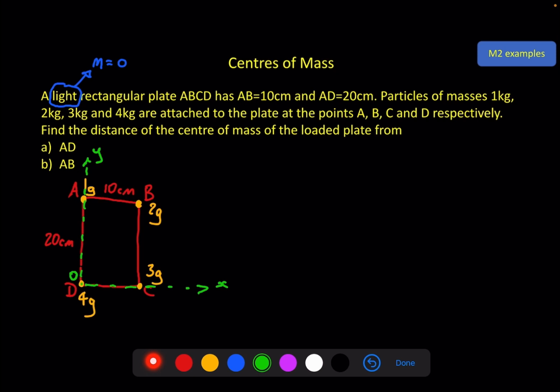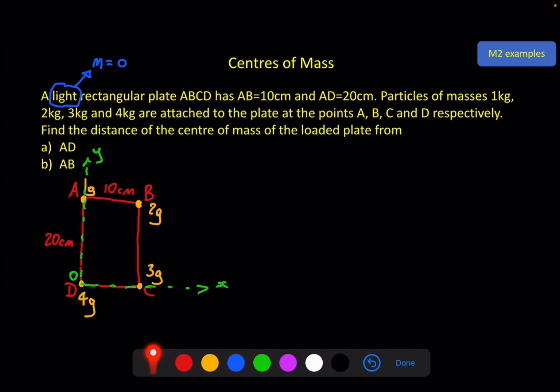You will have to decide where your origin point is, the point you're going to be measuring distances from. Putting it on one of the corners rather than, for example, down here somewhere, is really nice because it means that the distance for D, the 4g weight, is going to be 0 in both directions.